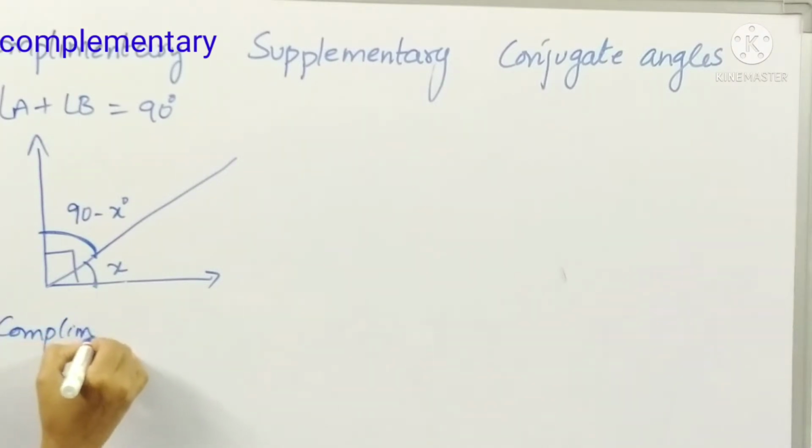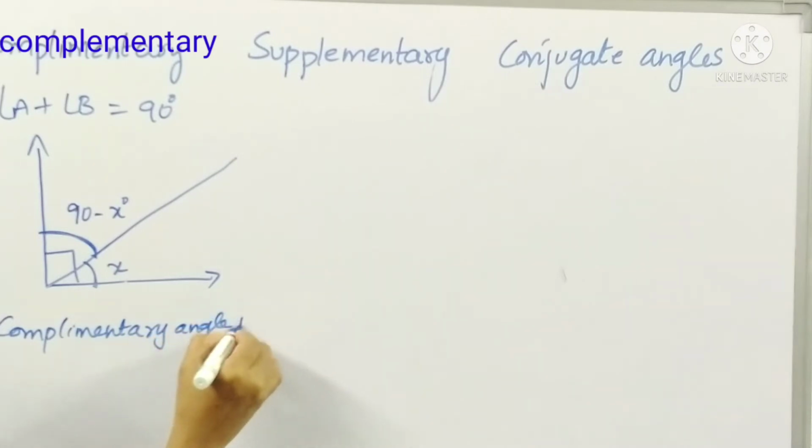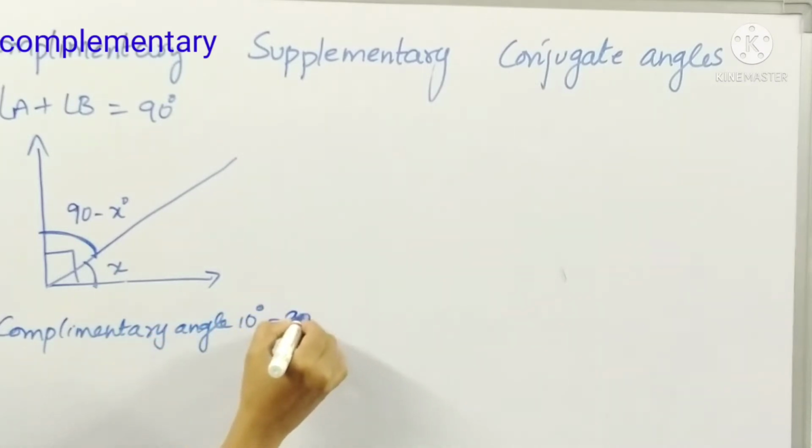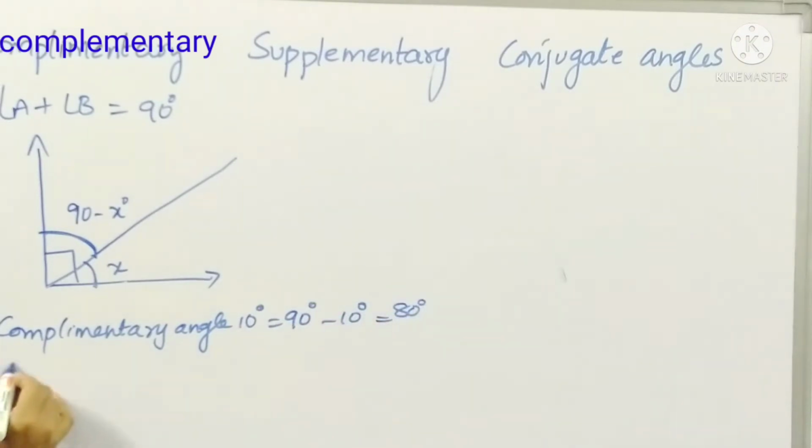The complementary angle of 10 degrees is 90 minus 10, which is 80 degrees.